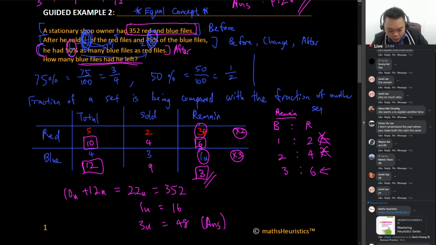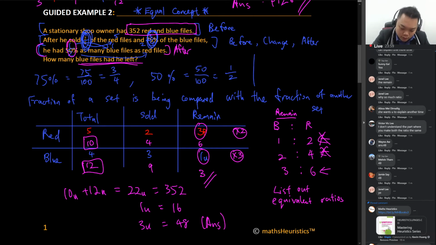And to do this, we will list out the equivalent fractions, or rather, equivalent ratios, and see what works. Alright? I can't explain the whole thing again. I can only zoom into specific parts because I have like 5 questions today and I'm only at the second one.